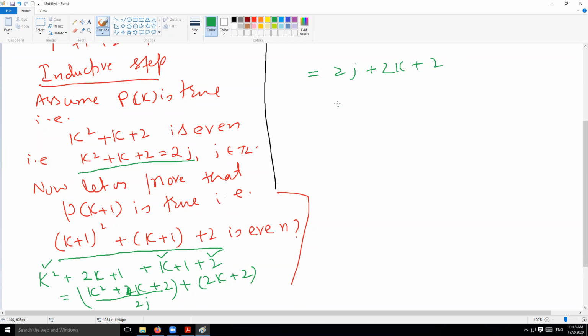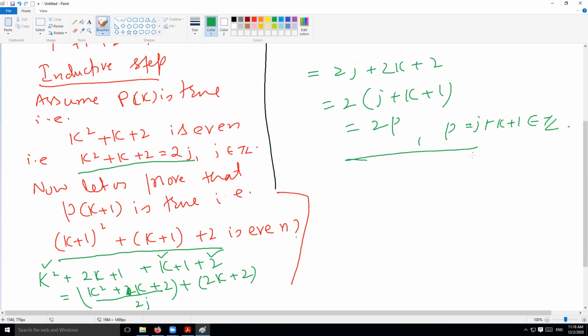And hence you can see that this is going to be distributive: 2 times (j plus k plus 1). So we proved that this expression is 2 times some p, where p, which is j plus k plus 1, is an integer. So this completes the proof. This shows that k square plus k plus 1 plus 2 is even.